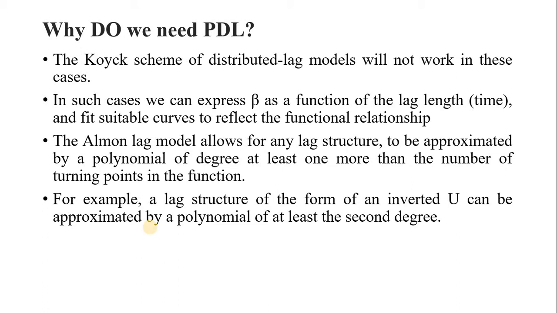So this relationship can be approximated by a polynomial of degree one turning point plus one, so a second degree polynomial. If the turning point is 1, then 1 plus 1. If the turning point is 3, then 3 plus 1. If the turning point is 2, then 2 plus 1. In that way we can approximate the relationship between beta and the lag length using a polynomial of a certain degree.